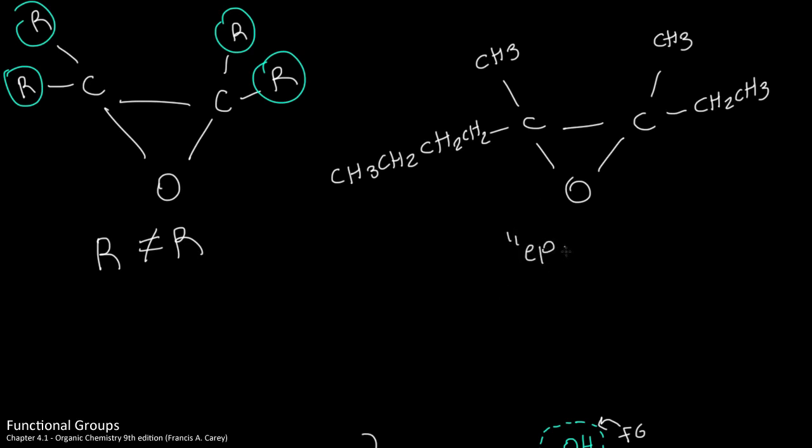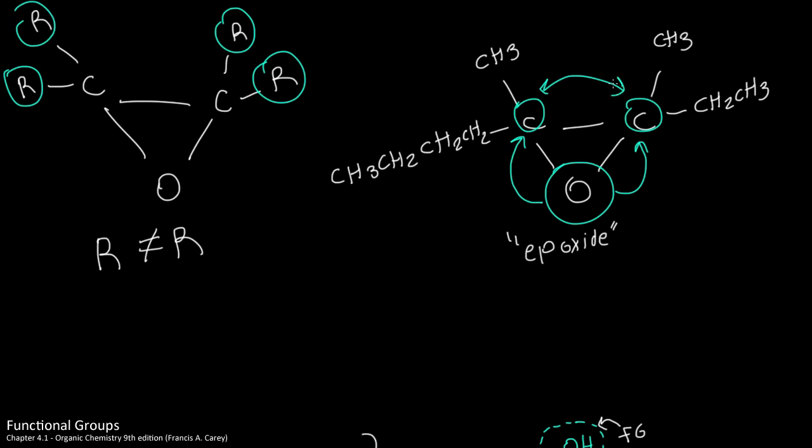The only requirements you're looking at to have an epoxide functional group is your oxygen right here. Your oxygen needs to be connected to 2 carbons, and those 2 carbons need to be connected to each other. So you basically want to form a ring, a triangular ring, like a cyclopropyl kind of thing going on, but instead of having 3 carbons in your cyclopropyl or propane ring, you'll have an oxygen.